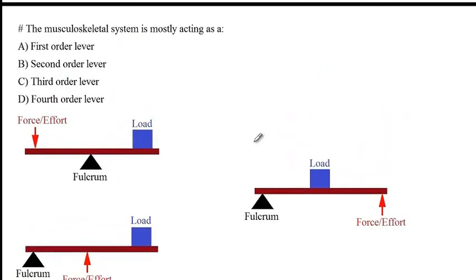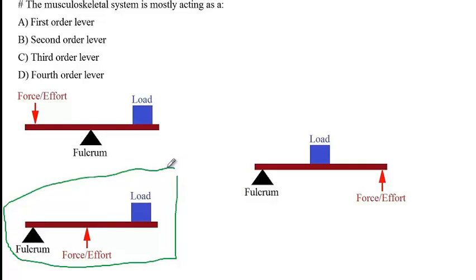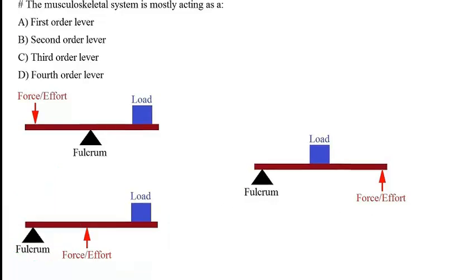The musculoskeletal system is mostly acting as a, and the answer is it's mostly acting as a third class lever. The reason for that is that we have the load at the end and the force of the muscle with the tendon that is attached to the bone somewhere in between. And then the joint is at the opposite side of the load. Let me show you in the image right here.